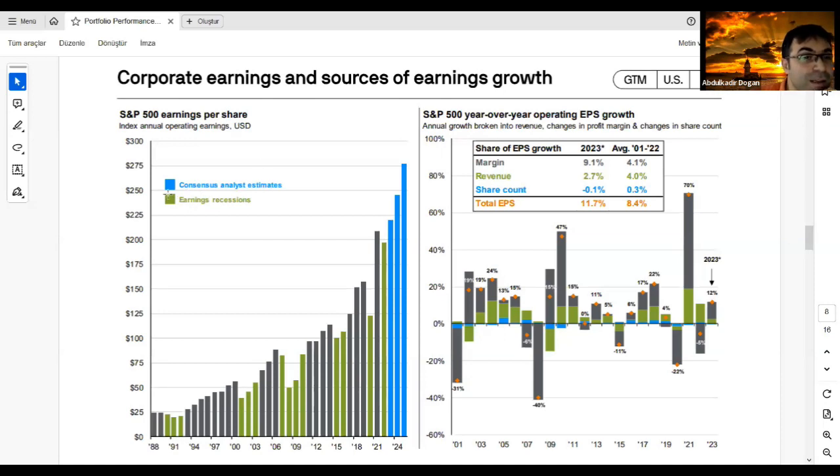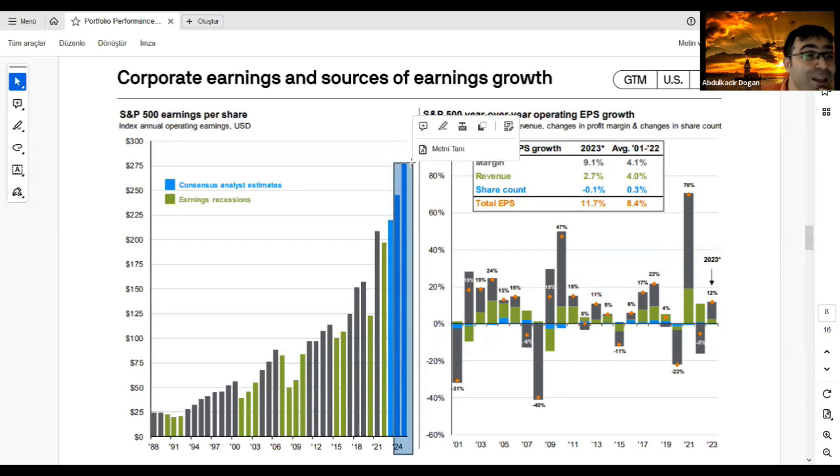The green line shows earnings recessions and the blue line shows the consensus analyst estimate during the 1 year. So in 2024, as you see, earning per share for the S&P 500 will be excellent.